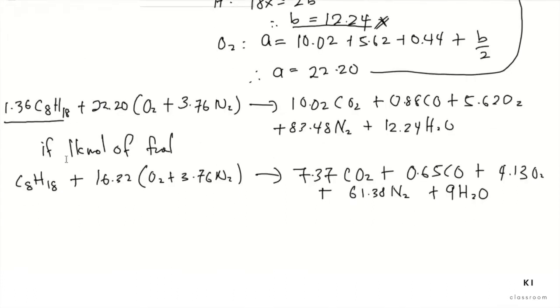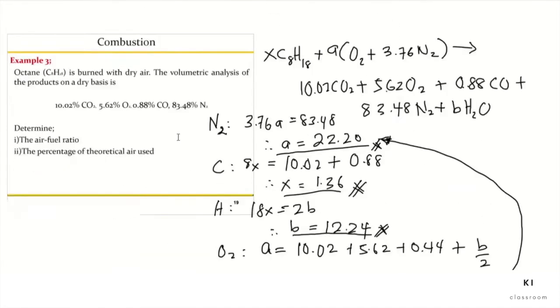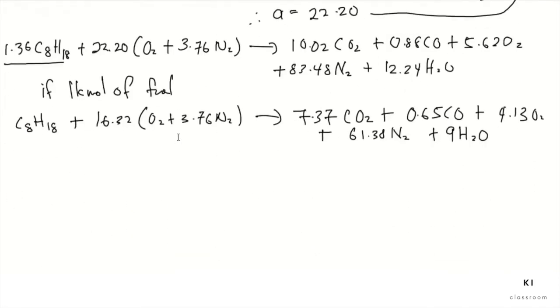This is what happens when you have 1 kilomole of fuel, meaning C8H18. So this is the balanced equation. Number 1, the question is the air-fuel ratio. Find the air-fuel ratio, which equals the mass of air divided by the mass of fuel.